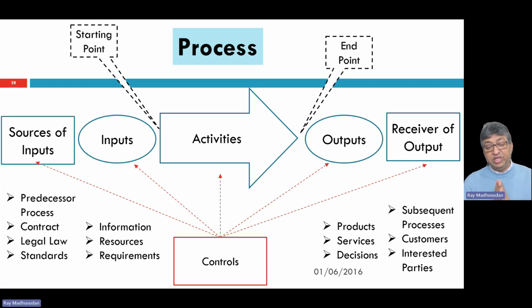So the controls will be there in all these: sources of input, activities, output, and the receiver. That, in a nutshell, is a process. So if I would like to summarize, a process is interacting, logical activities that take input and convert it into desired results or output under controlled conditions.